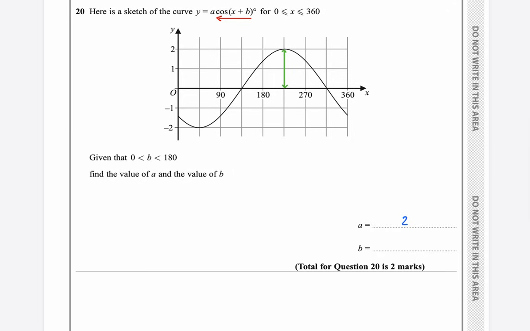Now my normal 2 cos graph would start here, go through here, down to here, over to here, and up to here. Now guys, you do need to know how to draw this. Let me just draw the cos graph first, guys. The cos graph starts at 1, goes through here, there, there, and there.